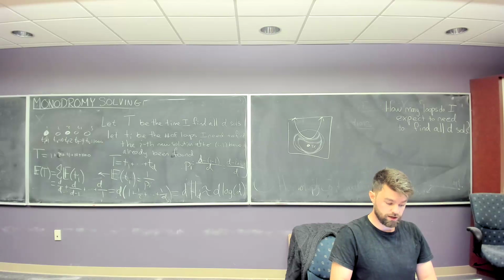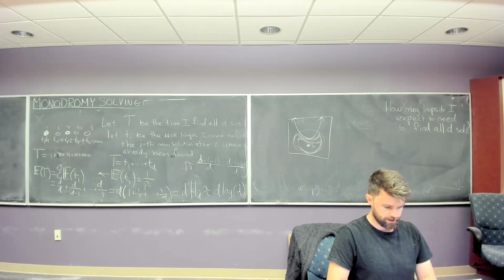Variables are x and y, so it will give me an error because I haven't defined y. Parameters equal a, the concatenation of a and b. Oh, I guess I told it what y was. Awesome. Okay.